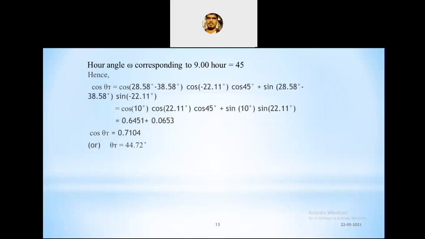Clear? And we have the cos theta t equation and all the values.